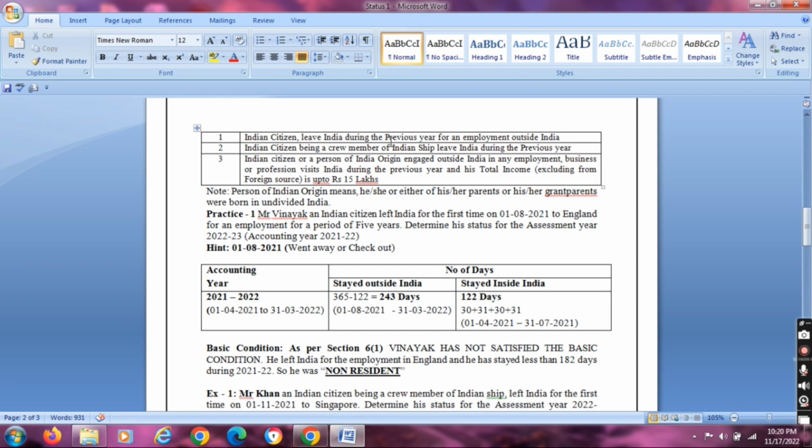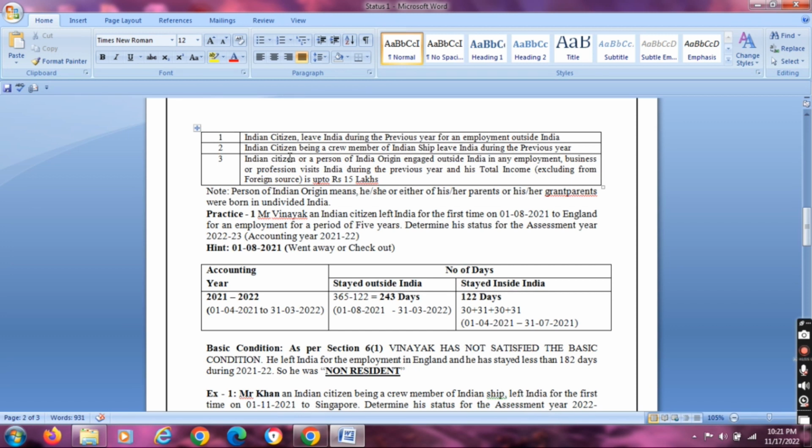Number 2, an Indian citizen being a crew member of an Indian ship who leaves India during the previous year. Number 3, an Indian citizen or a person of Indian origin engaged outside India in any employment, business or profession who visits India during the previous year and whose total income is up to 15 lakhs.